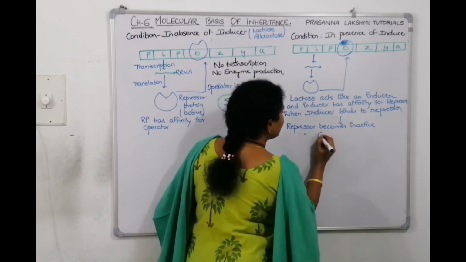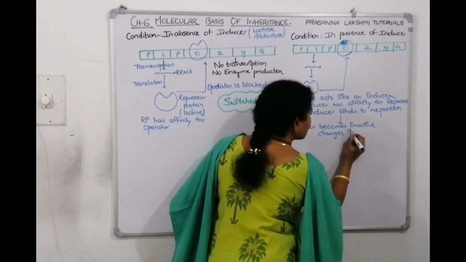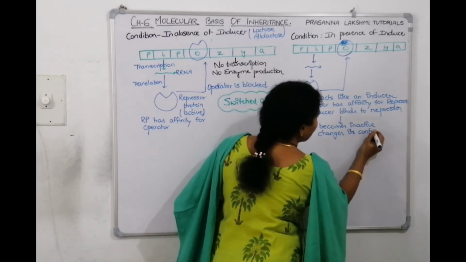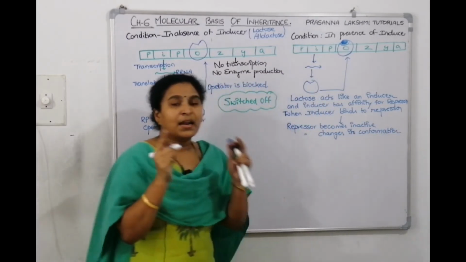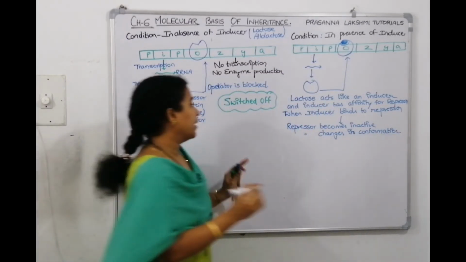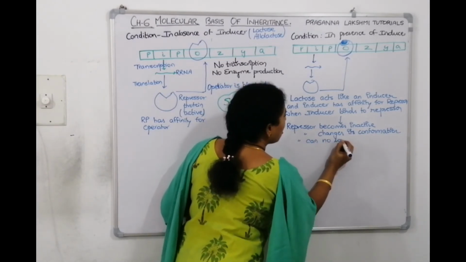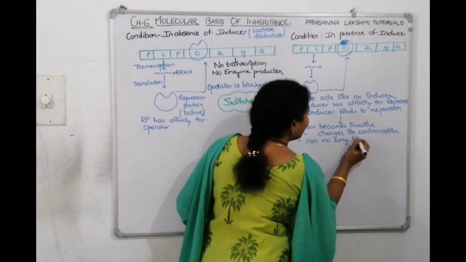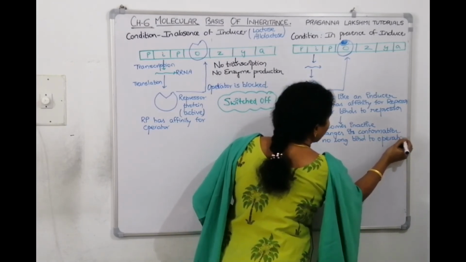Repressor protein changes its conformation. When it changes its conformation, it can no longer bind to the operator.